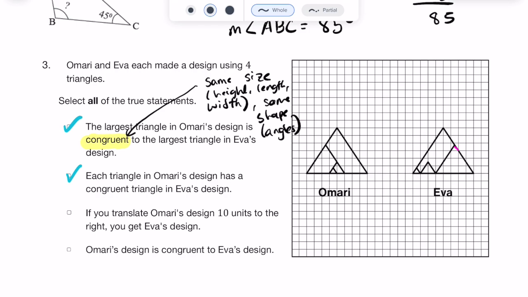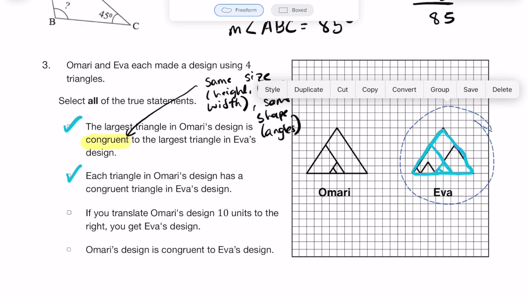If you translate Amari's design 10 units to the right, you get Eva's design. Okay, so looking at this, we should be able to see that that's not true. If I'm taking that and I'm sliding it over, it doesn't perfectly line up. Again, the outside does, but the designs aren't the exact same.